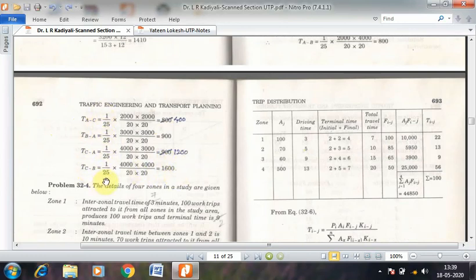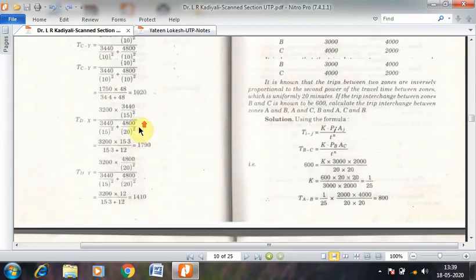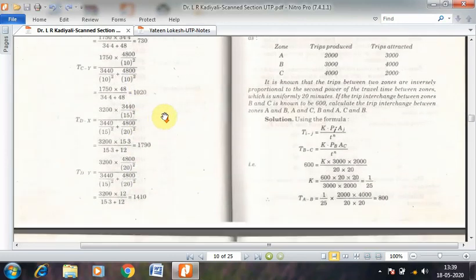The k value remains constant. Denominators are the same because the spatial separation is 20 minutes, so the square of 20 needs to be taken. The only thing that varies is the P and A values. You have all these contents in the problem, you just need to consider those and solve to find the solution. So that's the second type of problem.